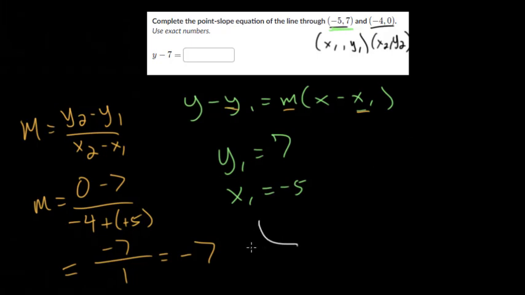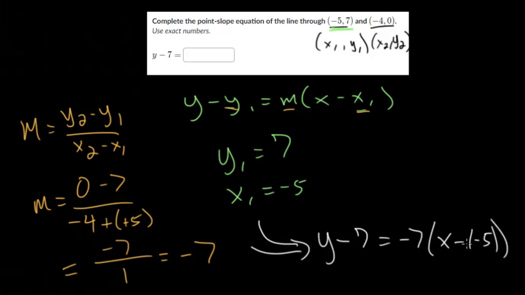So we have that y minus y1, that's 7, is equal to m, which is negative 7, times x minus x1, which is negative 5. And again, you're subtracting a negative. So you can rewrite this as plus 5 if you want. So in the box, what you're going to put is minus 7, parentheses, x plus 5.